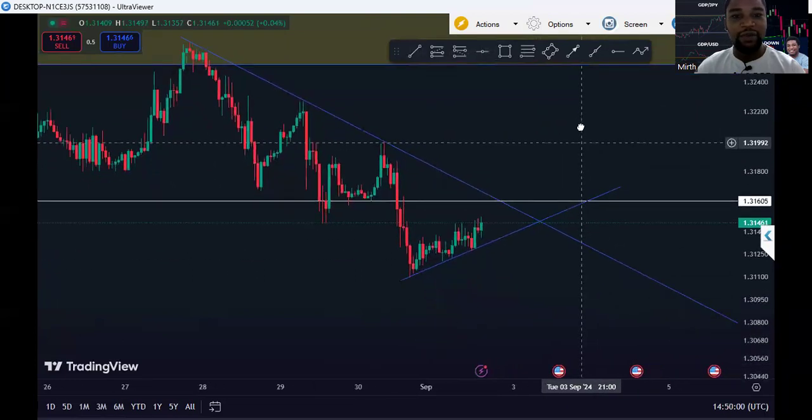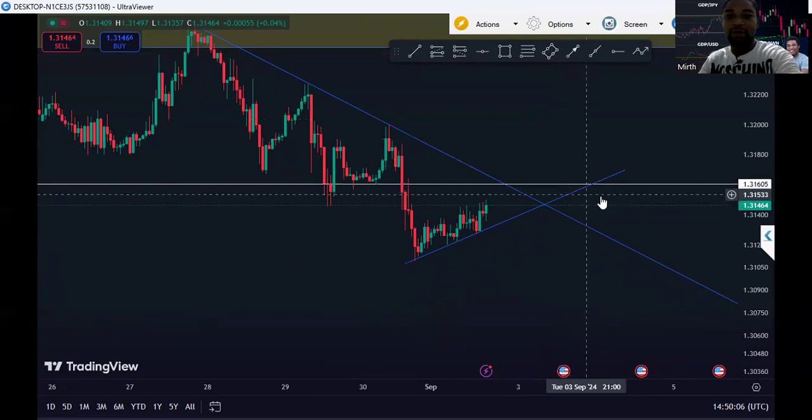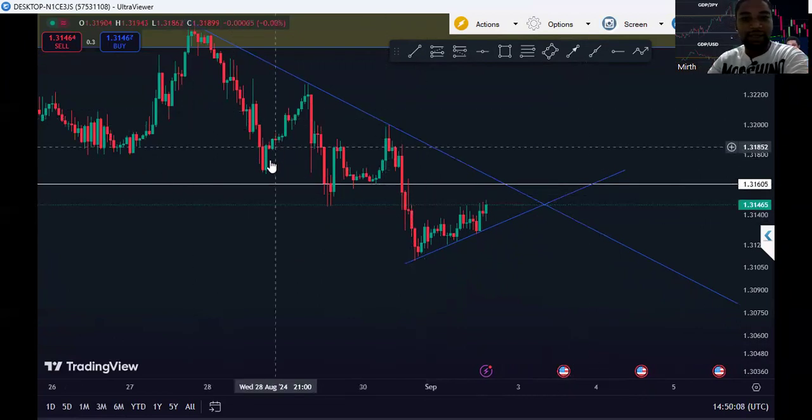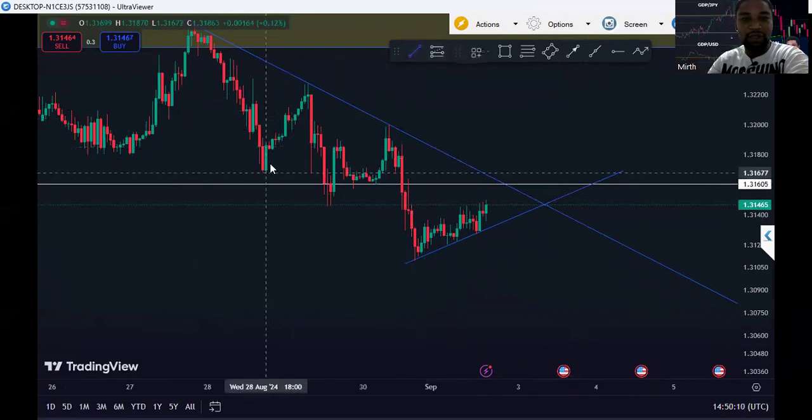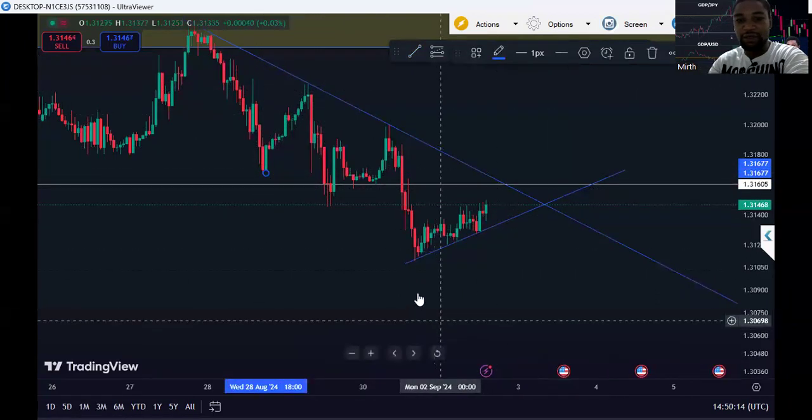It kind of varies. It can be a 1-hour break for me, or it can be a 4-hour break for me. So this consolidation is kind of looking similar to this consolidation.